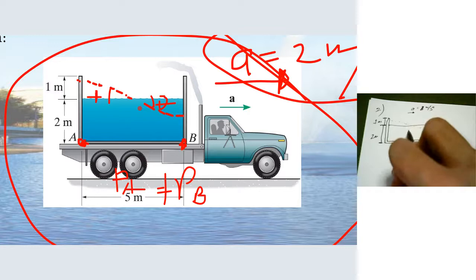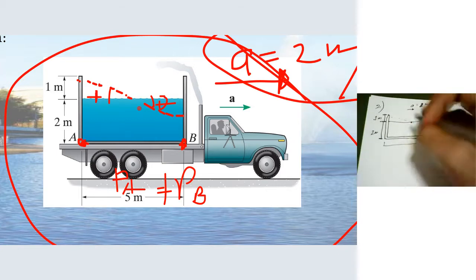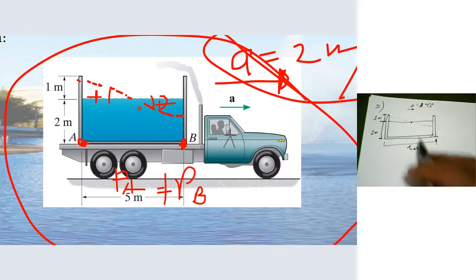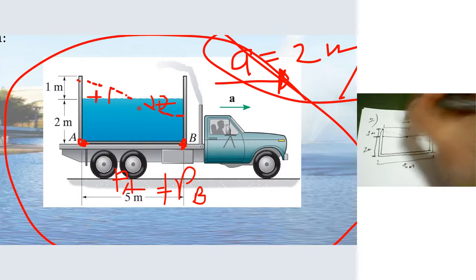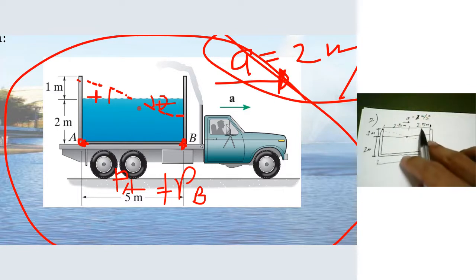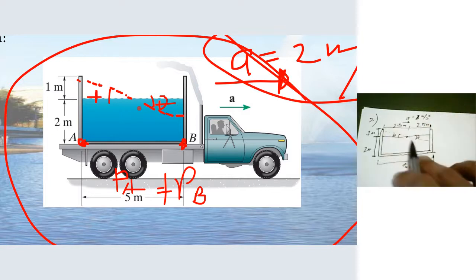Okay, the water will move. So, yung length ng vessel natin is 5 meters. So, mahati ito. This is 2.5. And this is also 2.5. So, ito yung theta natin na gusto nating malaman.